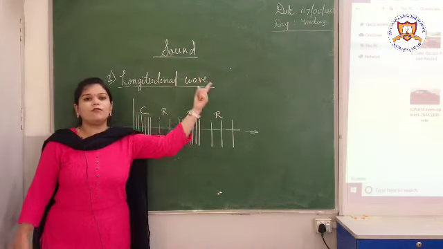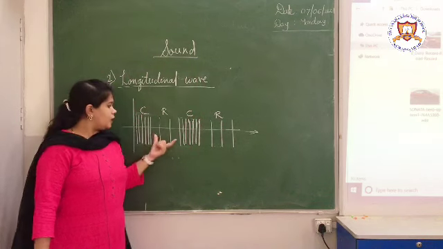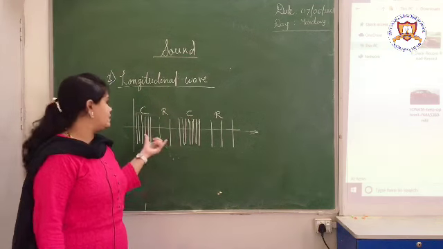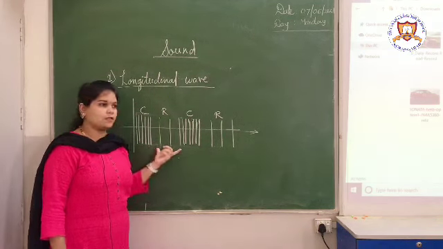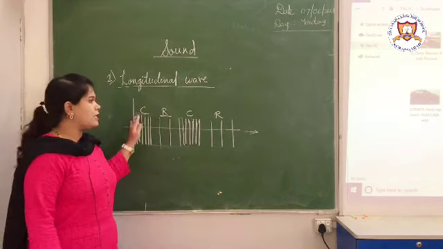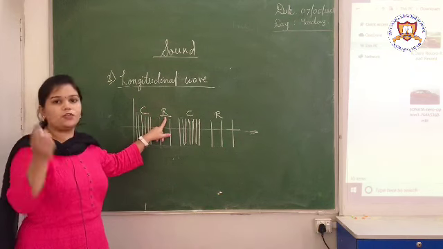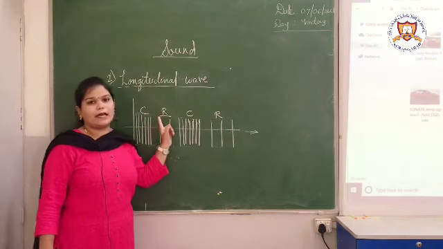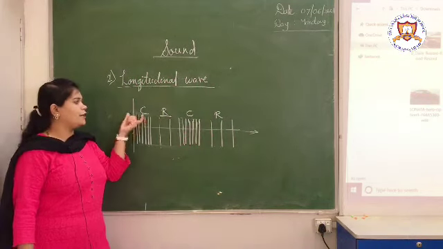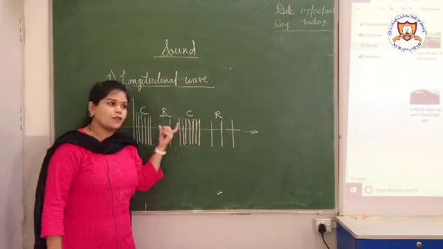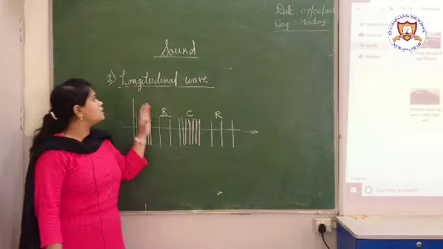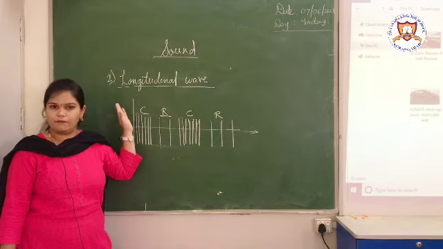In a transverse wave we called it a crest. In a longitudinal wave, the second pattern, where the density is less, is called rarefaction. In a transverse wave we call it a trough. So in a transverse wave it is crest and trough, but in a longitudinal wave it is compression and rarefaction. This is the sound wave, or longitudinal wave.